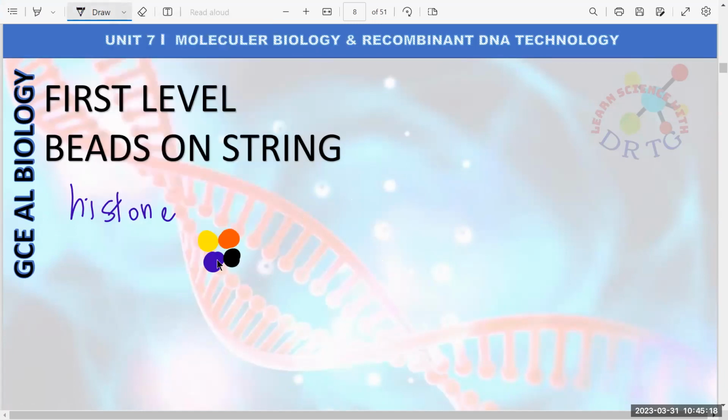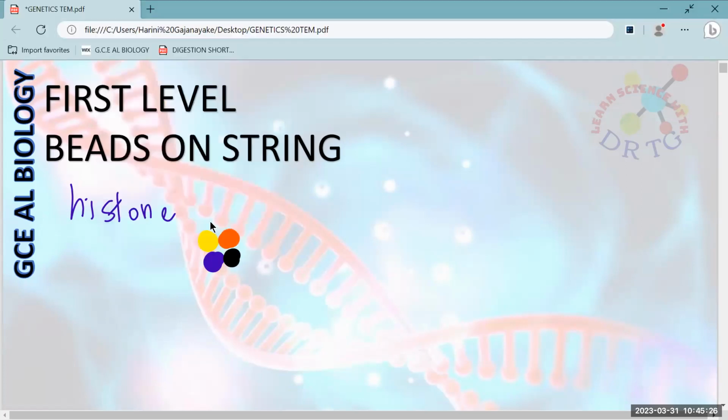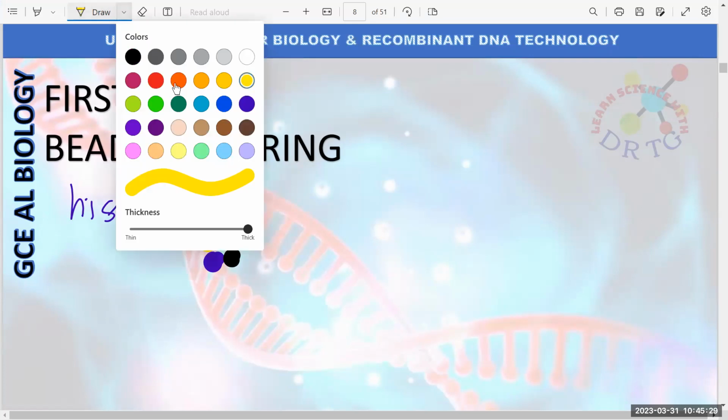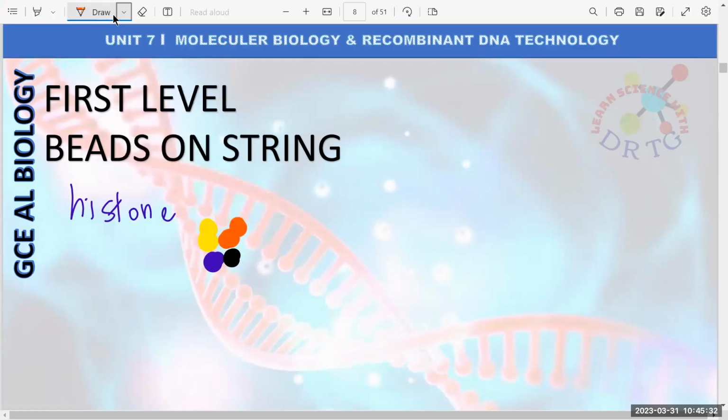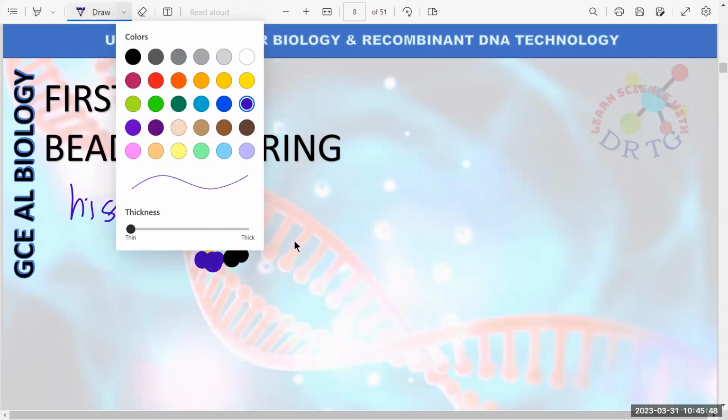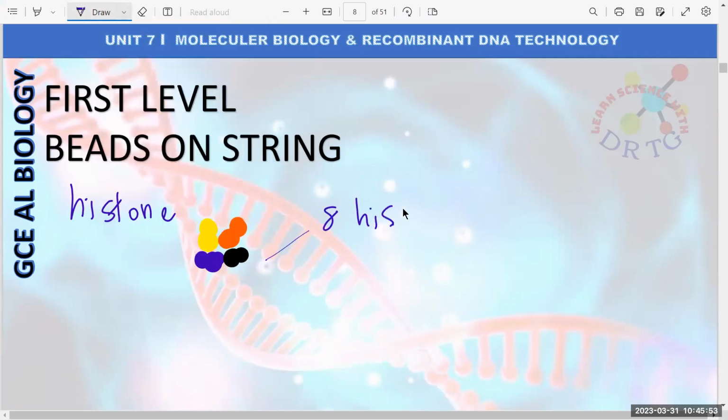We can see 4 units in different colors. Then again, I'm going to add another unit here, another unit here, and another unit here, and another unit here. How many units now? We have 8 units. 8 histone protein.